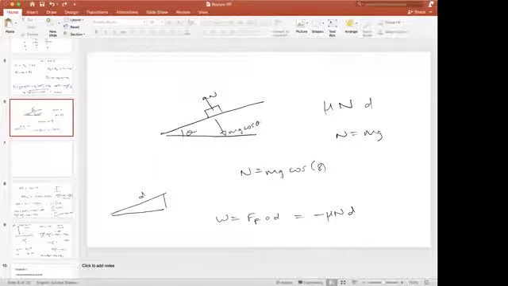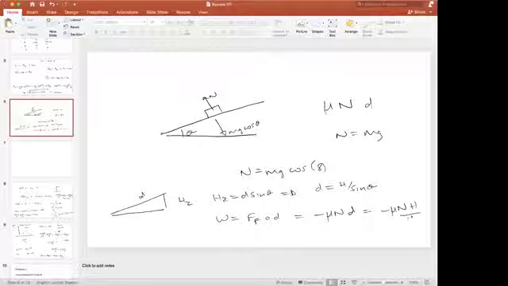H is equal to d sine theta. So d is equal to h over sine theta, right? So the work done by friction will be mu n h over sine theta, or plugging in n is mg, negative mu mg h over sine theta.